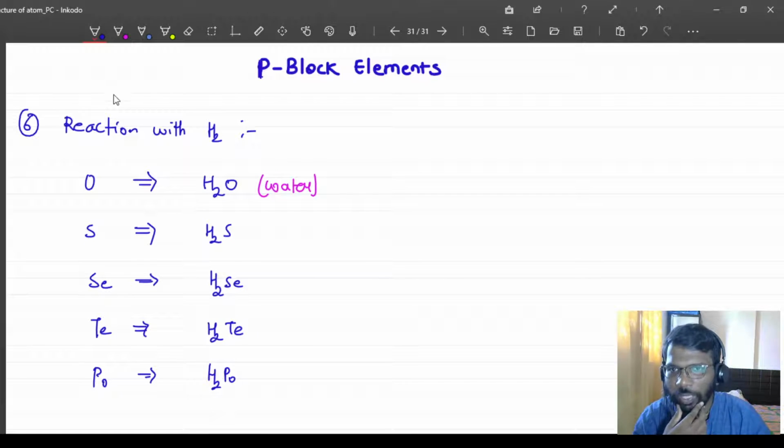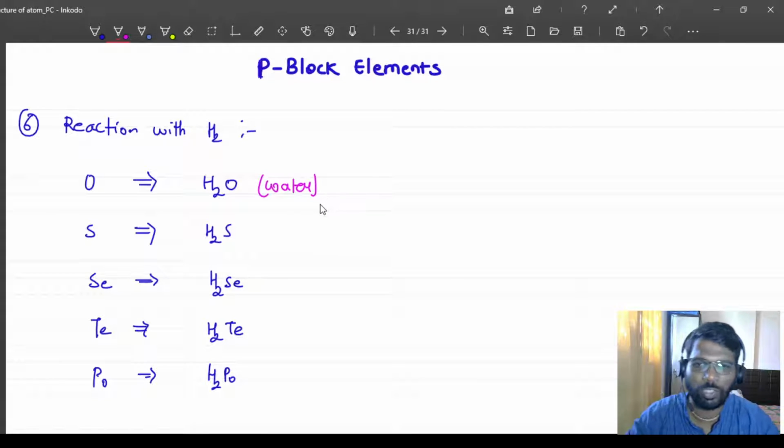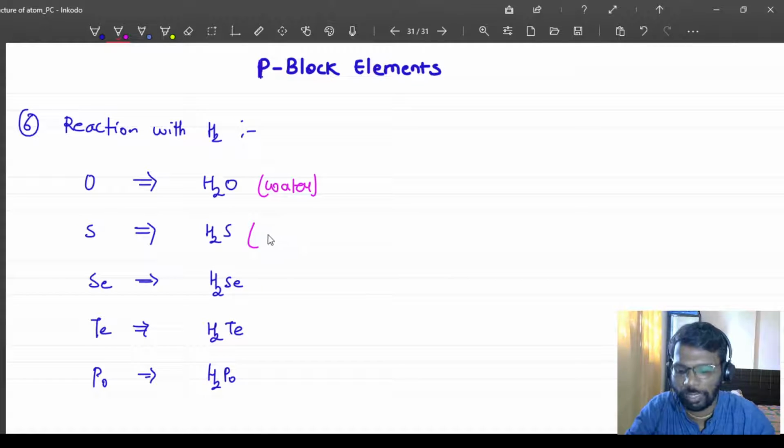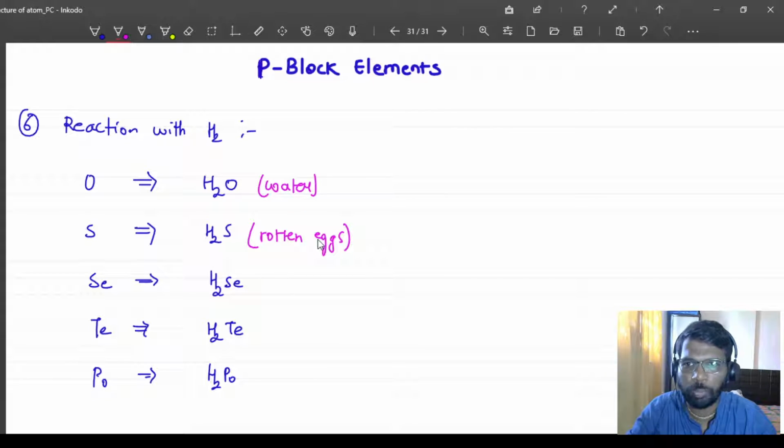So H2S, okay. Water, everyone knows how it smells, how it tastes, but H2S gas, if you get any chance, like in higher studies, or here also, if you smell H2S gas, it smells like a rotten egg. The smell of this is very foul, with respect to the hydride.